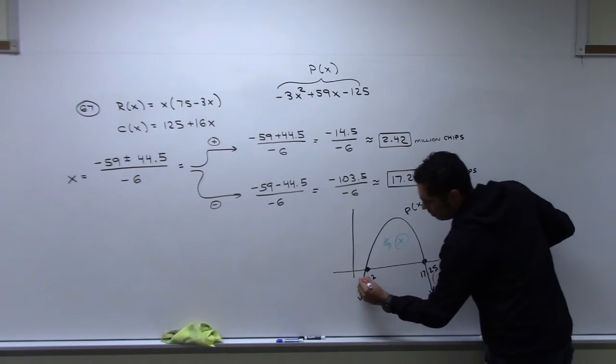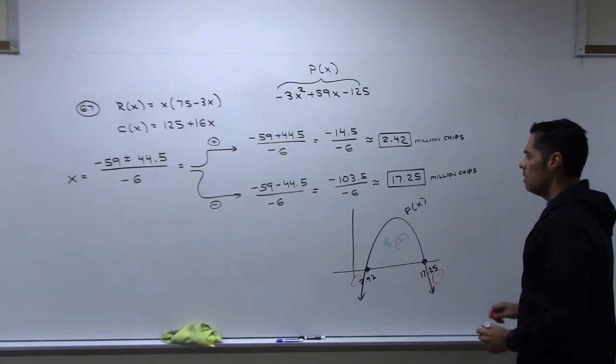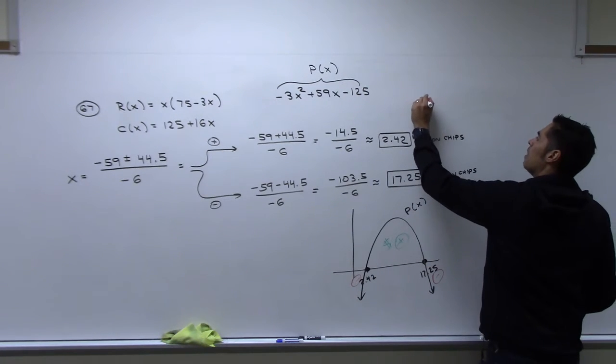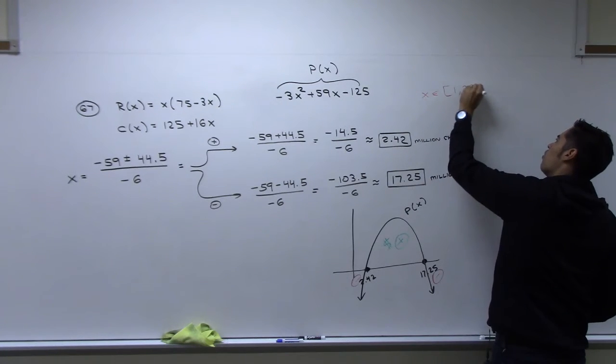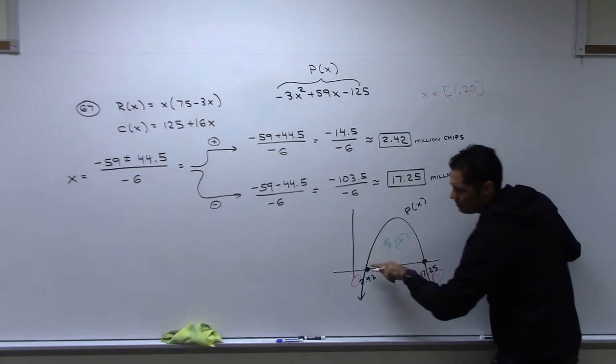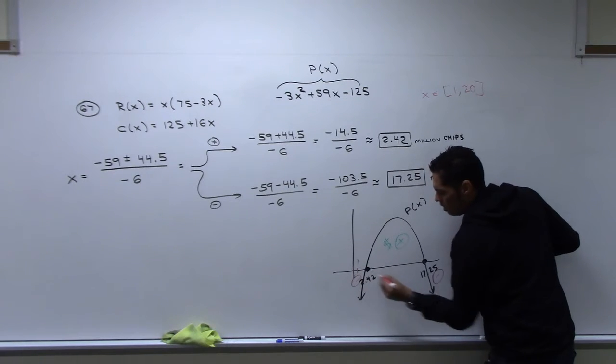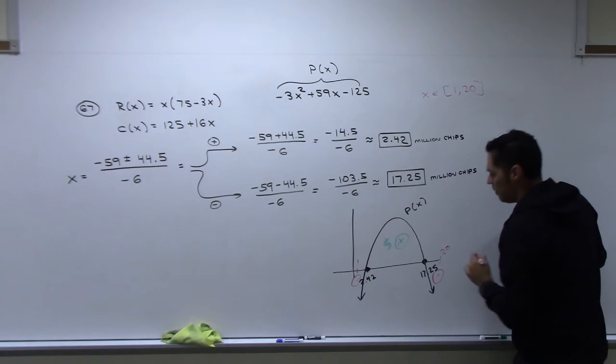We lose money here and we lose money over here. Now remember the domain of this. They had said our x's were in the interval 1 to 20. So we can't keep going. We would stop here at 1 and we would stop up here at 20.